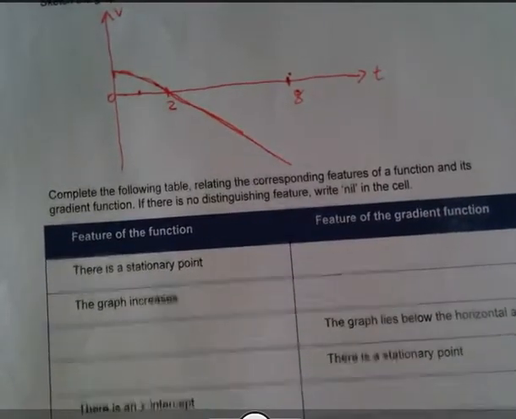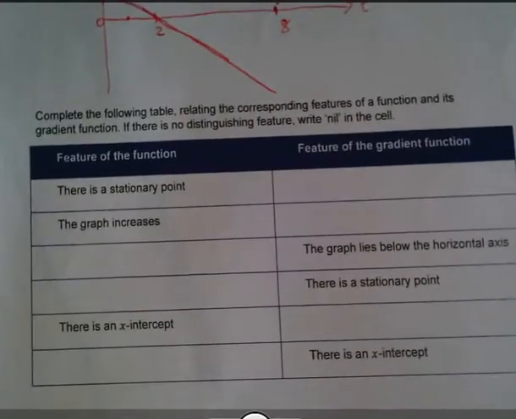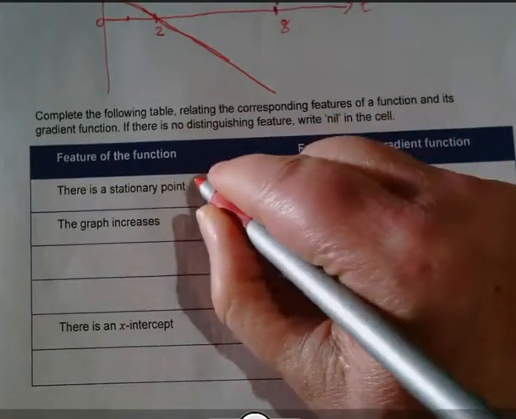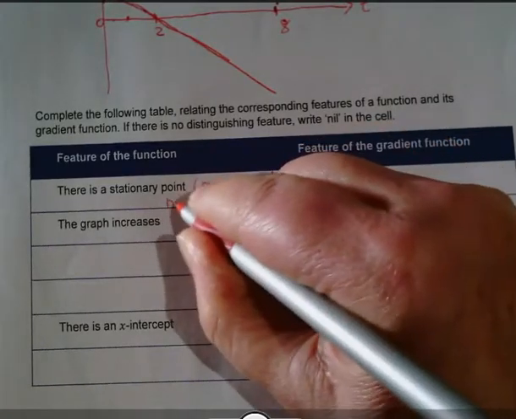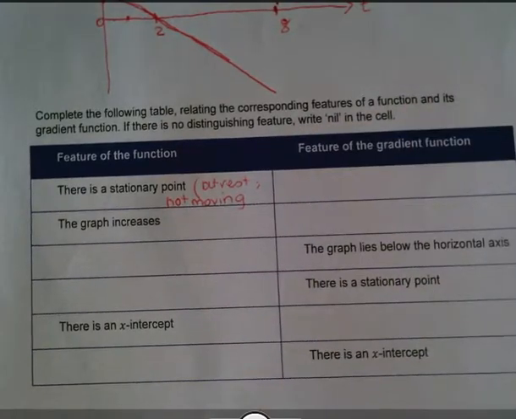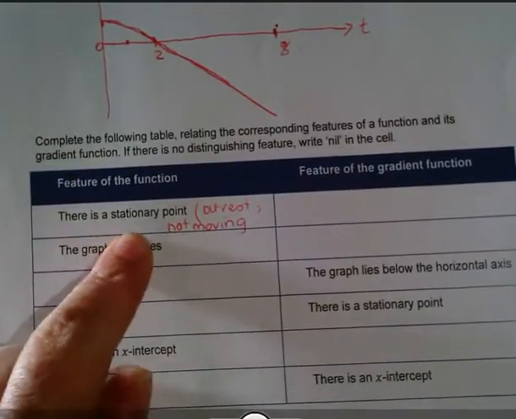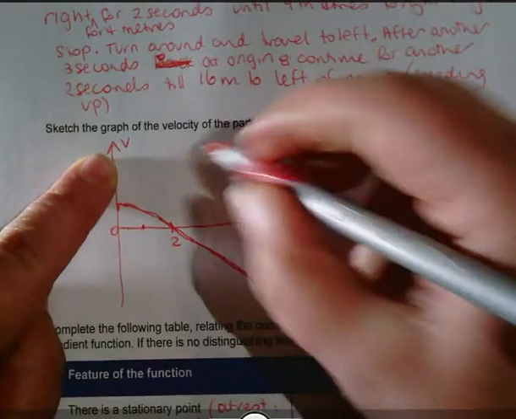So just completing this little table here. A stationary point is when you're at rest, you're not moving. Okay, now we're going to do more on this later. Now, if you've got a stationary point, then this here is called my gradient function.